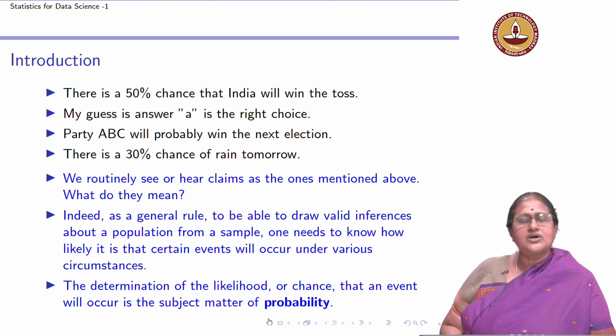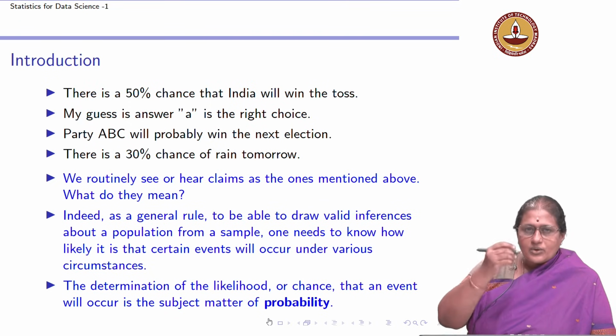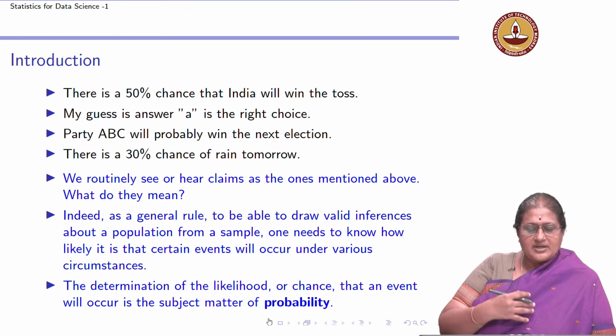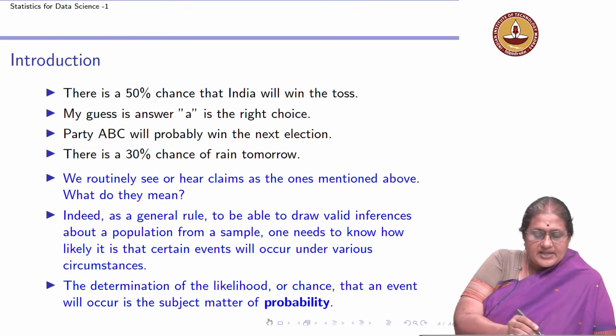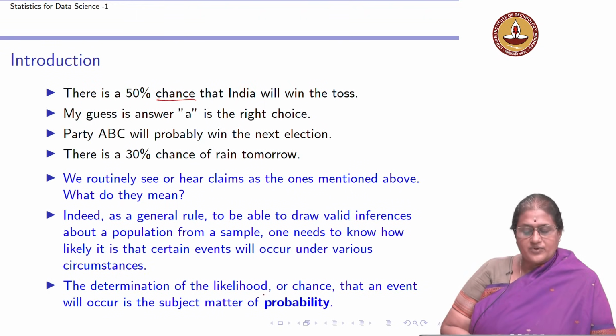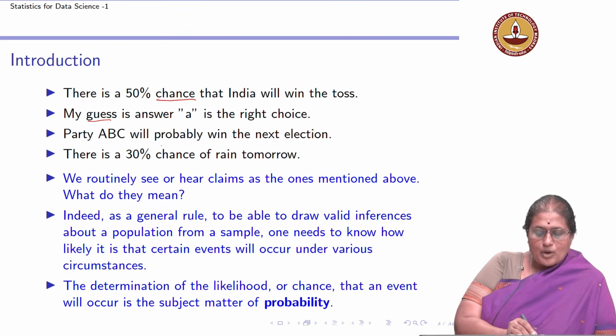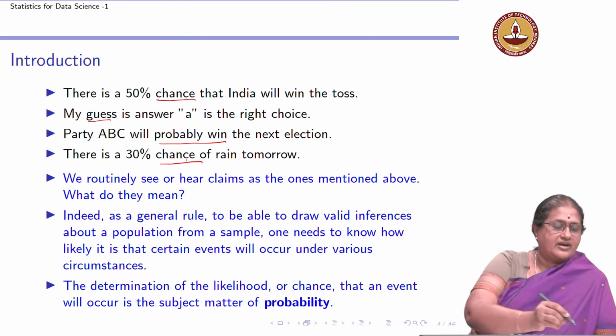Similarly, we have also heard statements of the kind that there is a 30% chance of rain tomorrow. Now, when you look at these statements, you always see that in the first statement there was something called a chance that we are talking about. Again, my guess, probably win, chance of rain.